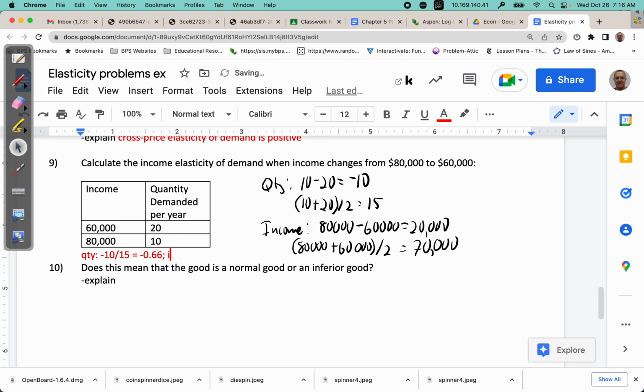So for income, the percent change is, you can write 2/7 if you want to, but it's 20,000 divided by 70,000, and that's 0.28. My income elasticity of demand is going to be negative 0.66 divided by positive 0.28, and that's negative 2.35.